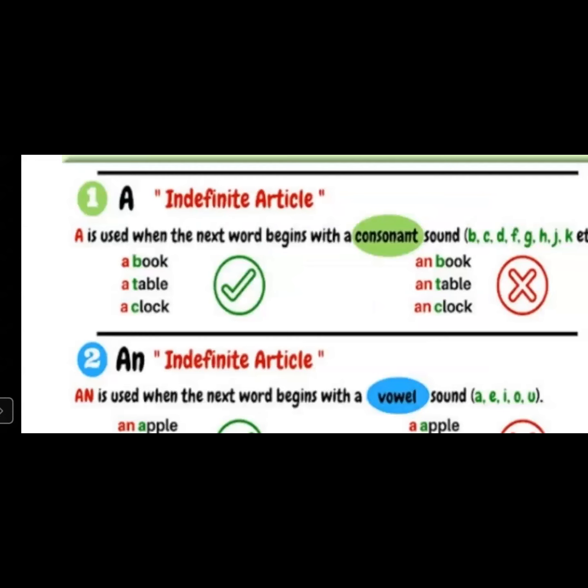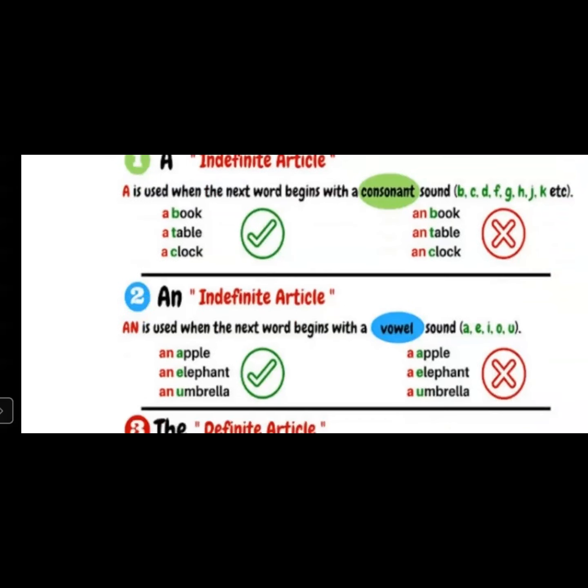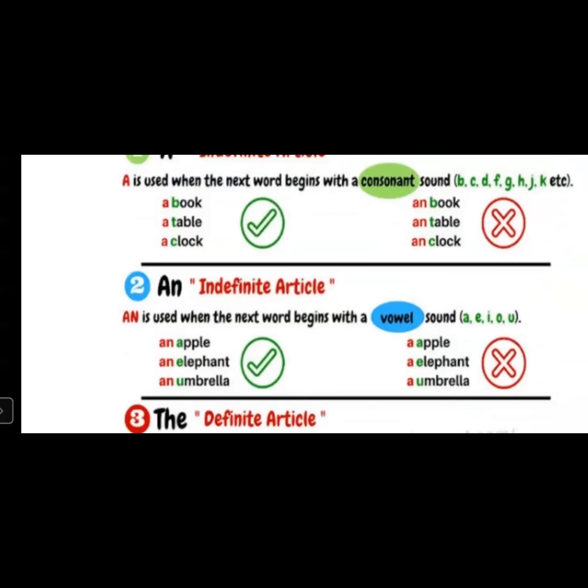Now which are consonant sounds? B, C, D, F, G, H. All these are consonant sounds. Why? Because we only have 5 vowel sounds, A, E, I, O, U. They are called vowels, and the remaining alphabets are consonants.